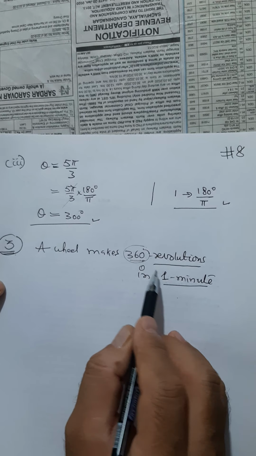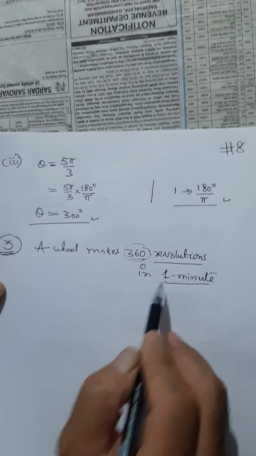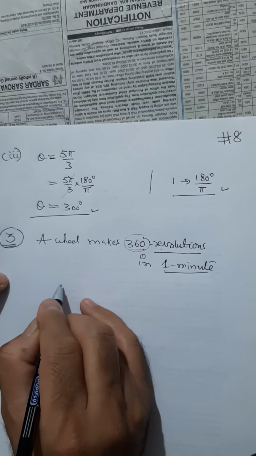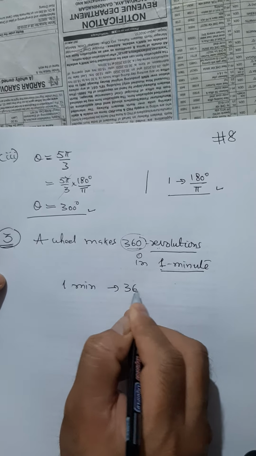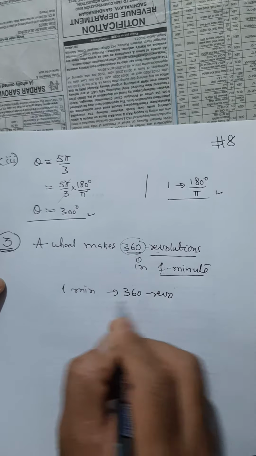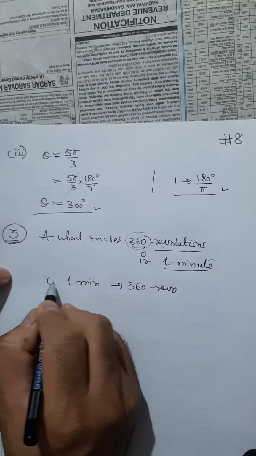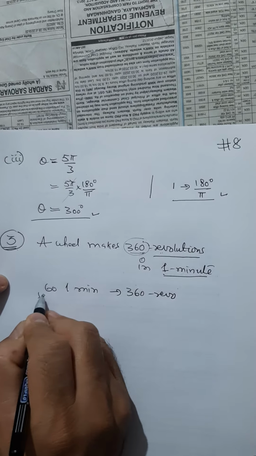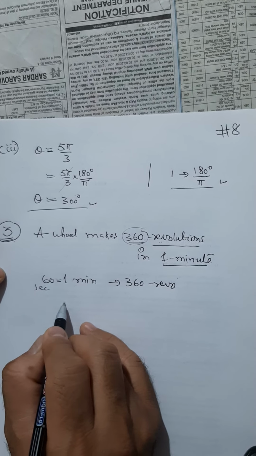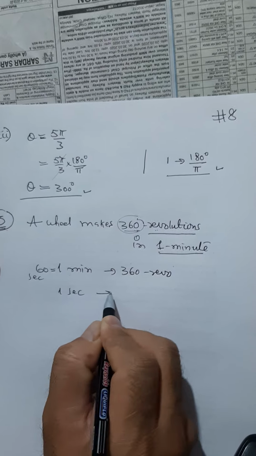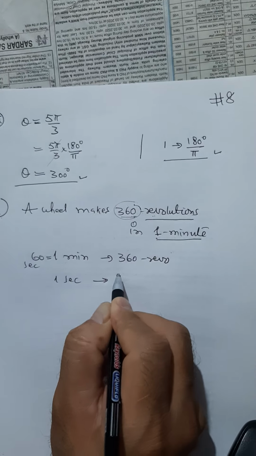So we need to find how many revolutions in 1 second. So just use this: 1 minute, 360 revolutions. This is 60 seconds equals 1 minute equals 360 revolutions. So in 1 second, how many revolutions here?